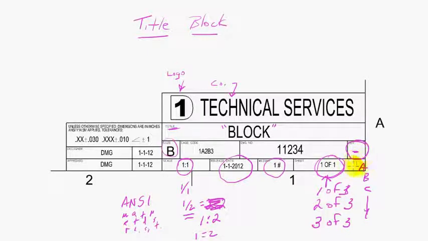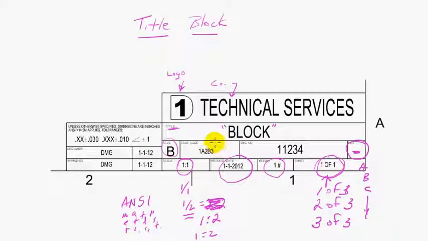Now, some companies use different formats. Letters are most common. Some may use numbers. Sometimes the first rev is not a dash. Sometimes it'll say original or IR for initial release. The conventions vary by company, but rev dash is common for an initial release, and then rev A would be next, B, C, D, etc.